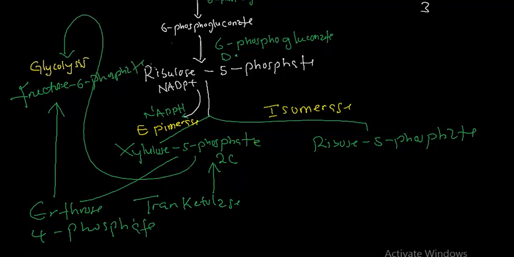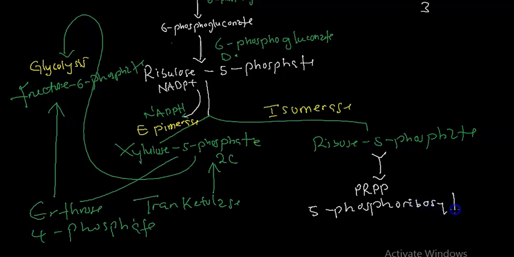What about the right hand side, which is the ribose 5-phosphate? Notice the ribose 5-phosphate here can now be converted into what we call PRPP, also known as 5-phosphoribosyl 1-pyrophosphate.